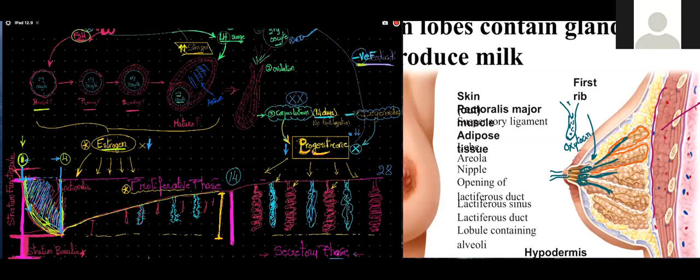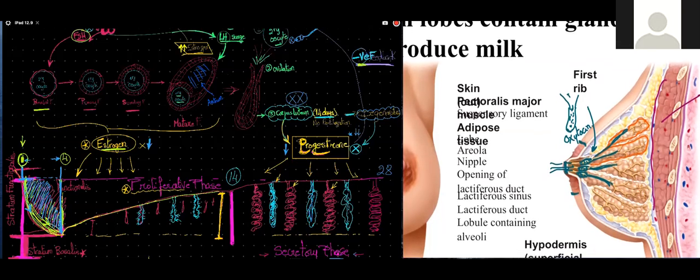Each of those lactiferous sinuses can be connected by a separate duct to the skin surface of the nipple. Surrounding the nipple, we're going to have a pigmented region. We call this the areola.